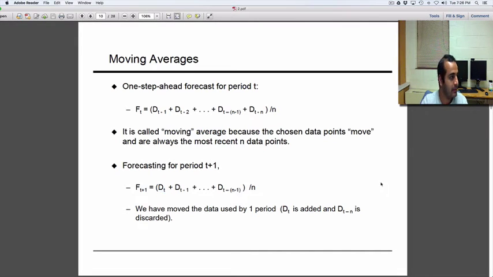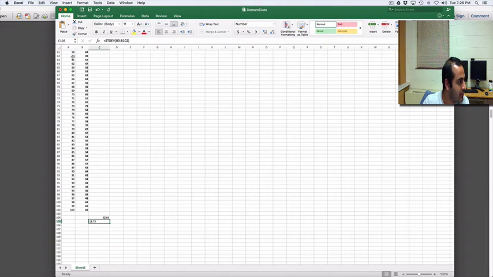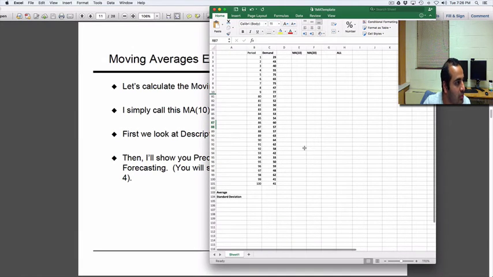All right, let's go to the Excel file here. And instead of using this demand data, I selected just some data points out of here. I call it one mat template. It's just the last 80 data points, so that I don't have to keep scrolling down.